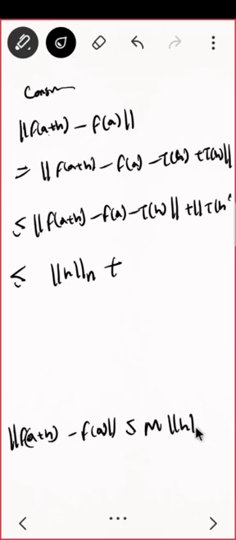And for norm of T of h, it should also be less than or equal to norm h times something. That is my claim, because what do you want to prove? You want to prove f of e plus h minus f of a is less than or equal to M times norm h.